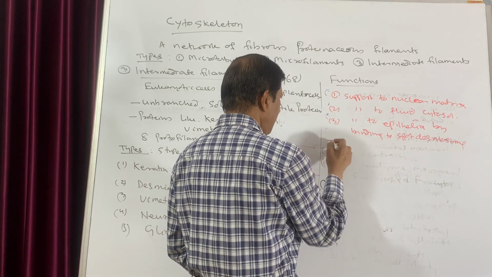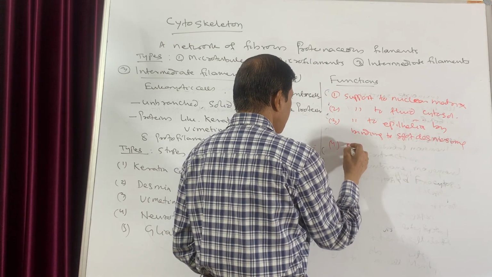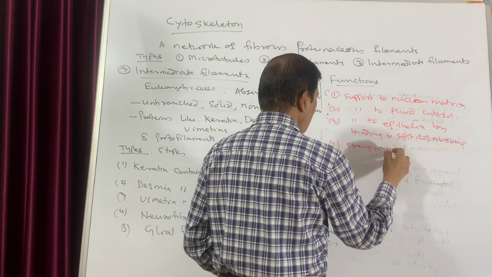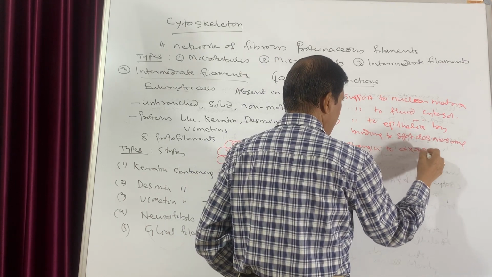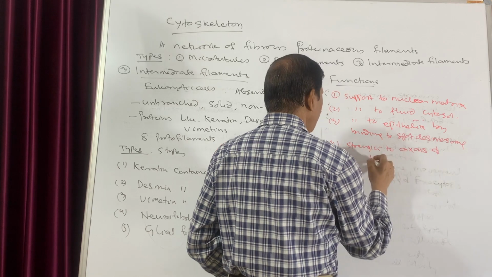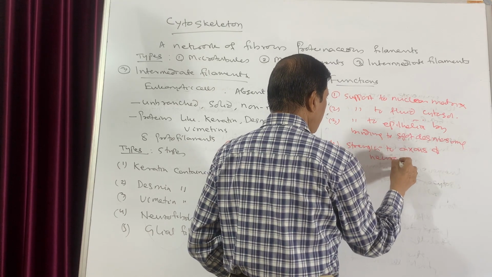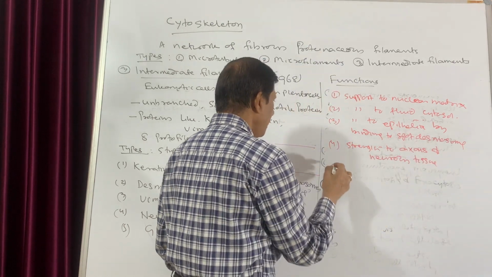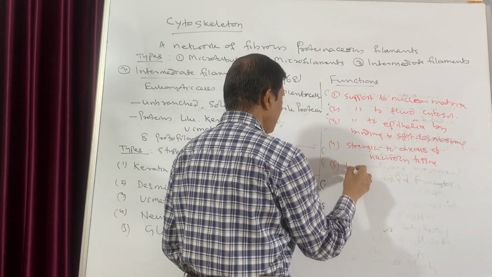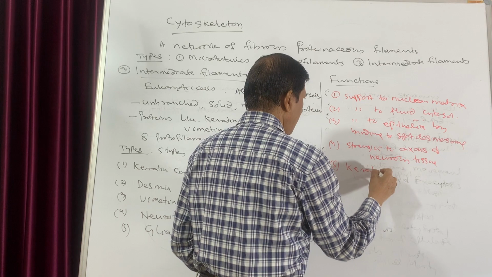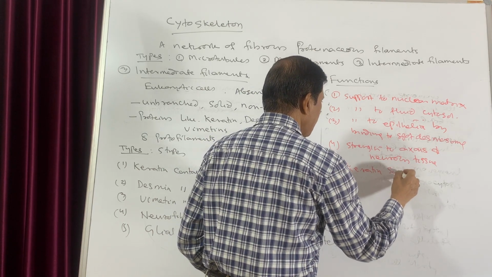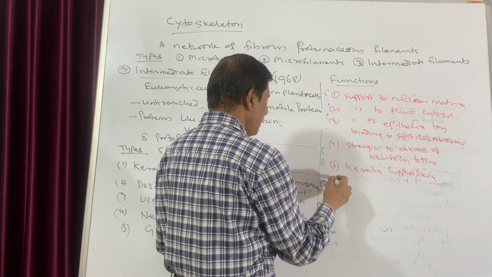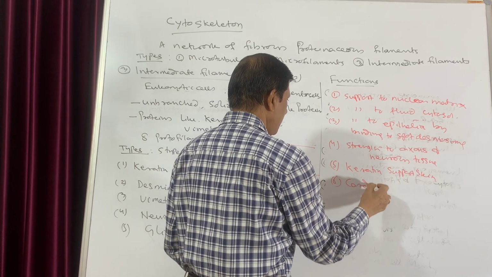Then another function is that it provides strength to axons, and naturally therefore to the nervous system or nervous tissue. Then keratin supports skin, and the cardiac muscles.